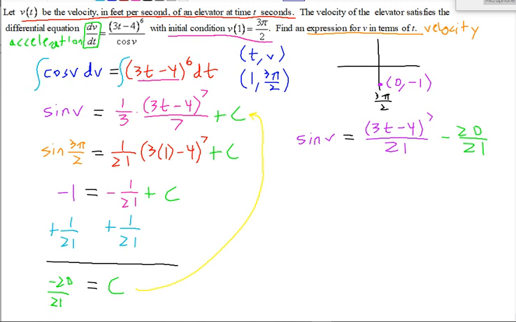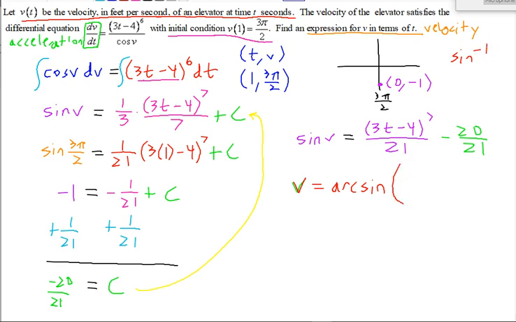And then finally, to solve for v in terms of t, we need the v by itself, so we can take the arc sine of both sides. So you take the arc sine of sine, those are inverse functions, those cancel out, gives you just v equals the arc sine, or you can write it as sine with a negative 1 there, either way.